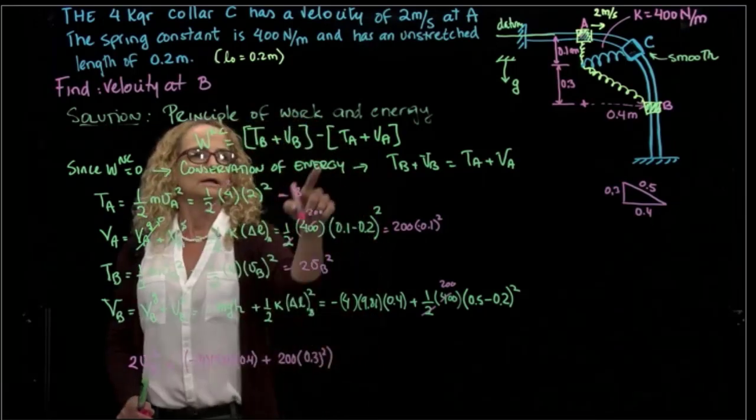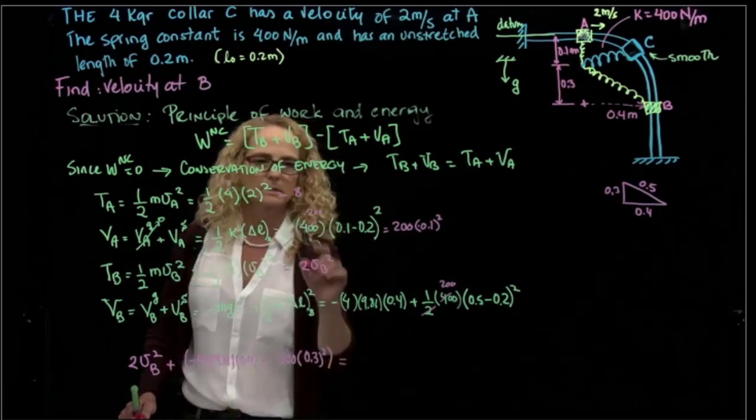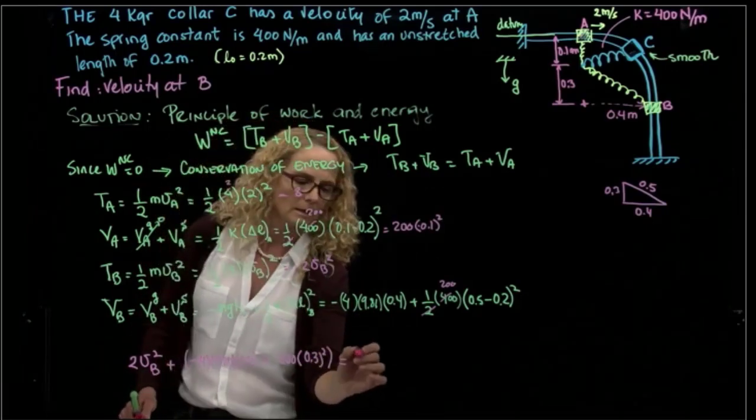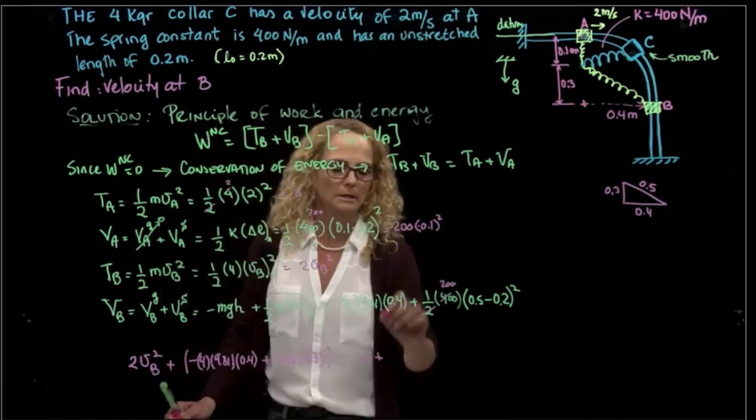So this is kinetic energy B plus potential energy B equals kinetic energy A plus potential energy A.